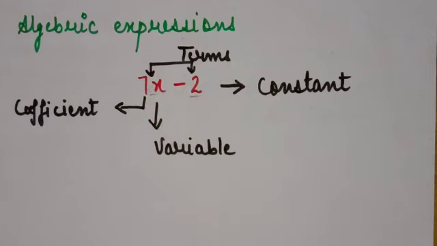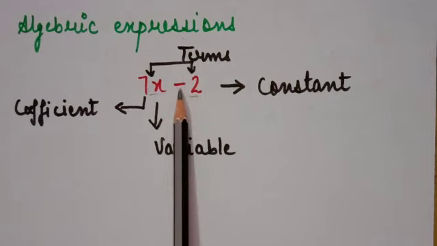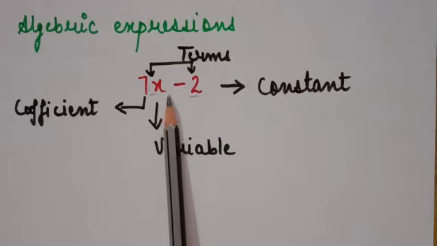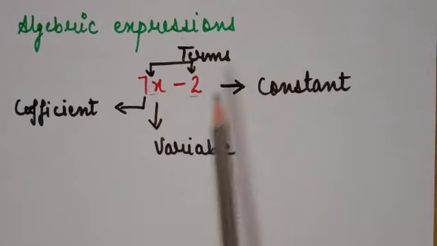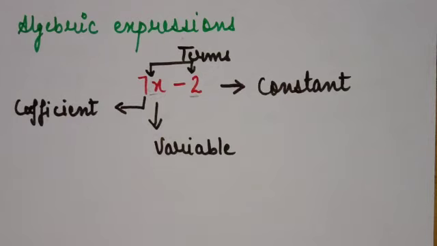In this algebraic expression two terms are present, a constant is also present, a coefficient is also present and a variable is also present. Now how many types of algebraic expression do we have?